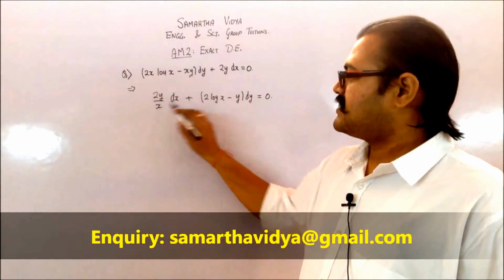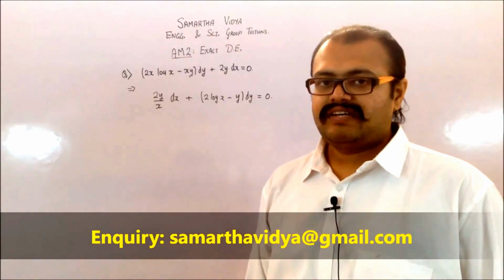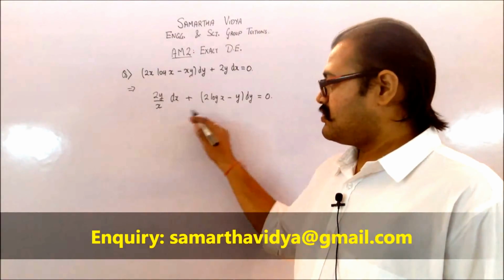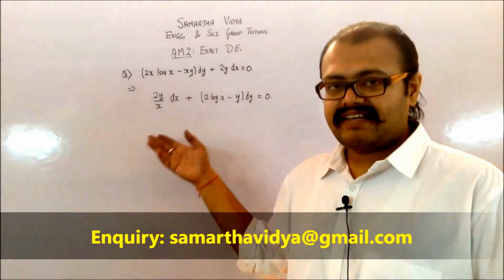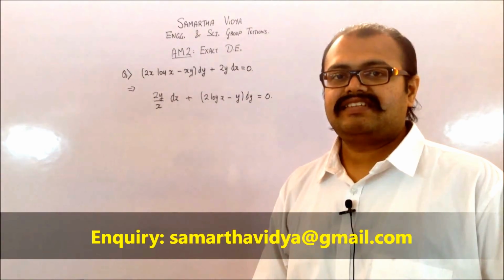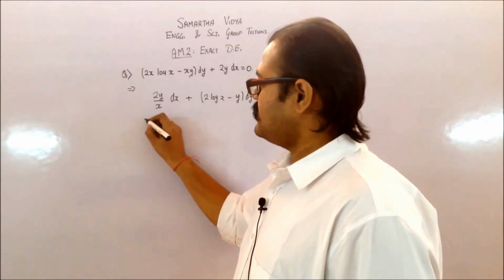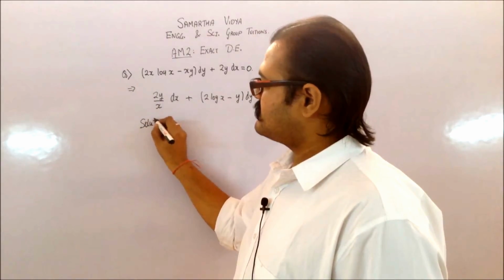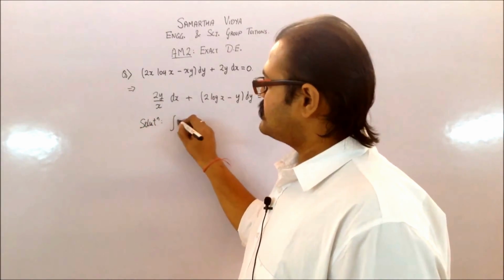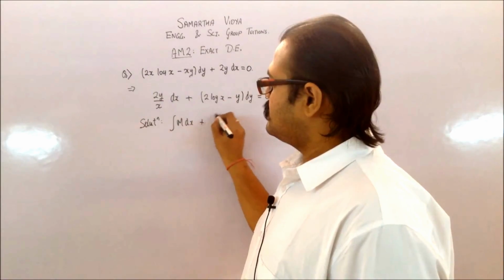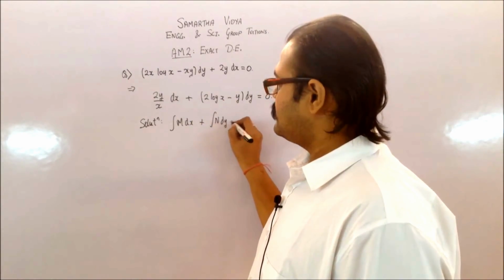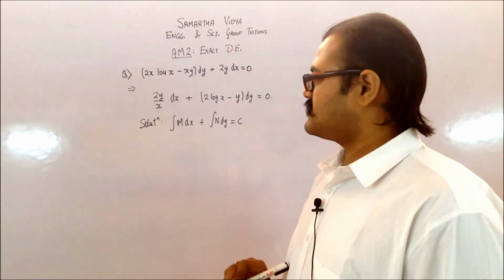So this becomes your m and this becomes your new n. Now this has become an exact differential equation, so the solution is integration m dx plus integration n dy is equal to some constant c.